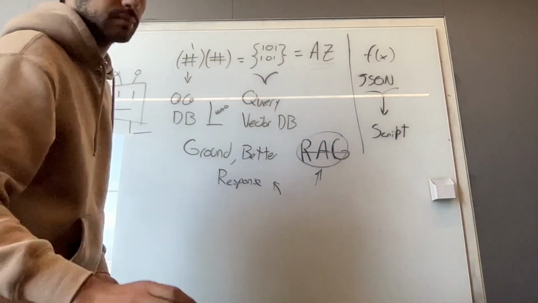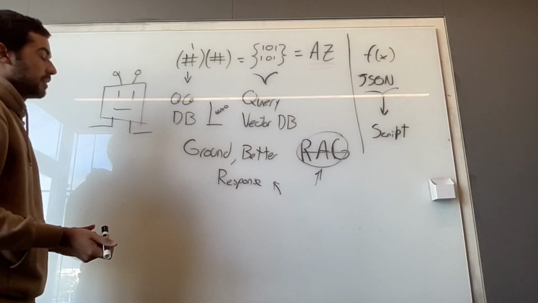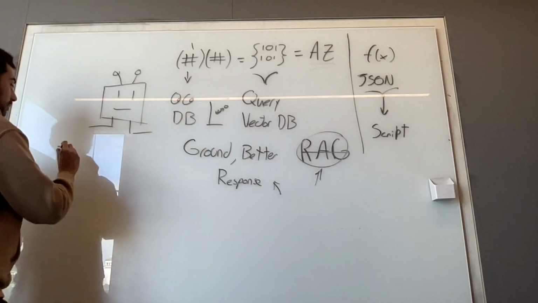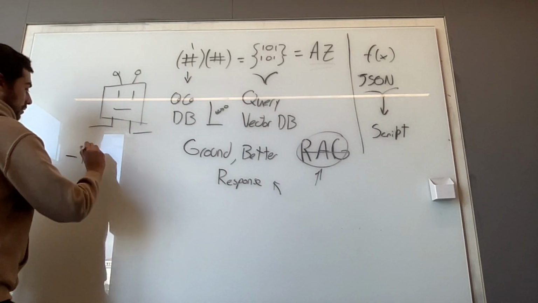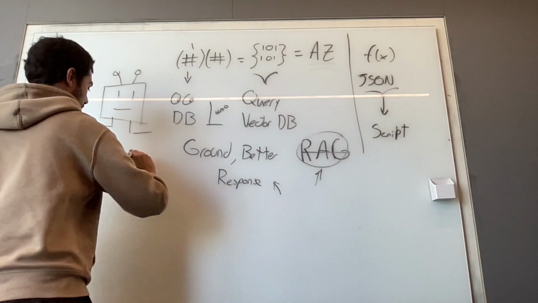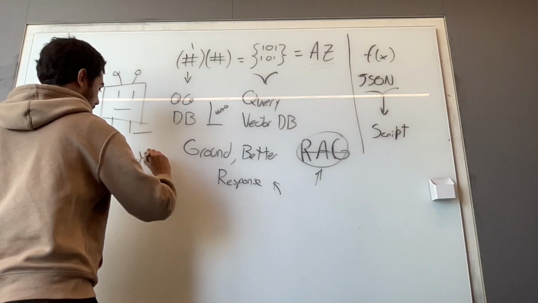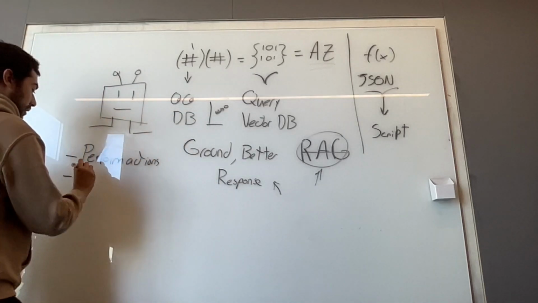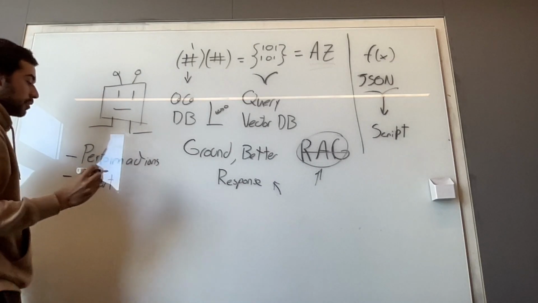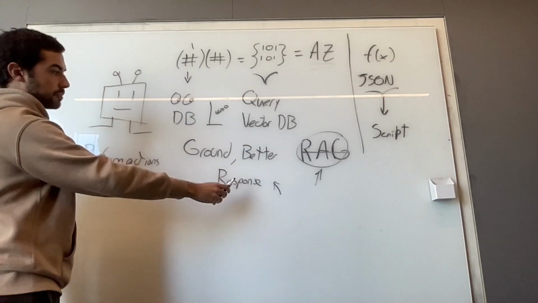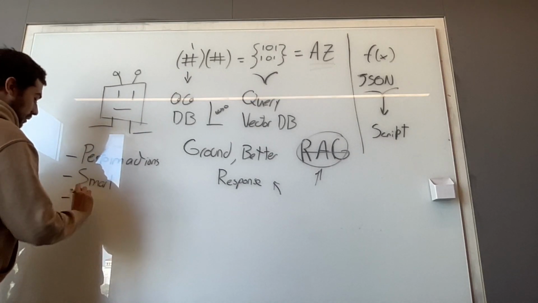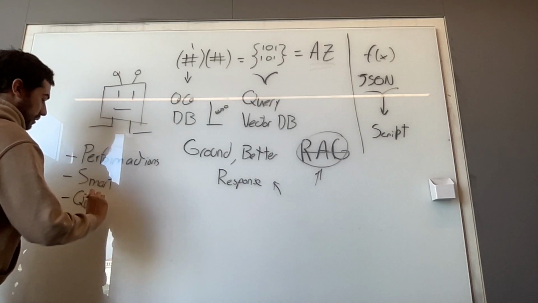Some of these challenges are that the robot has to be capable of performing actions, has to be smart, meaning better responses and long-term memory, and has to answer quickly.